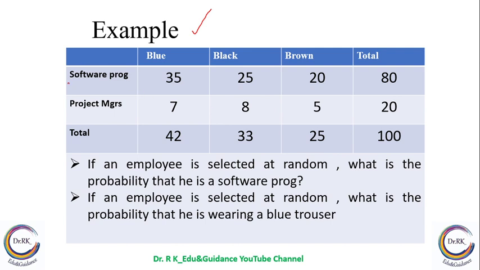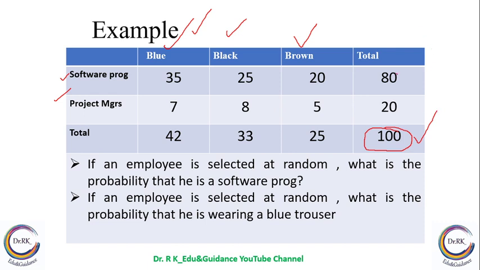In a company, there are software programmers and project managers, and another category is the type of dress they wear, blue, black or brown, with numbers. The total number of employees in the organization is 100. That is, our sample space contains 100.